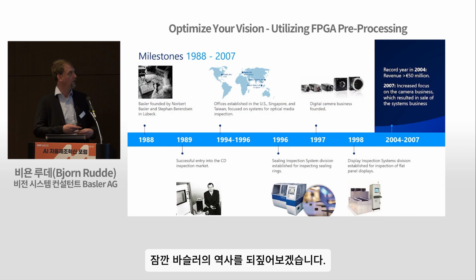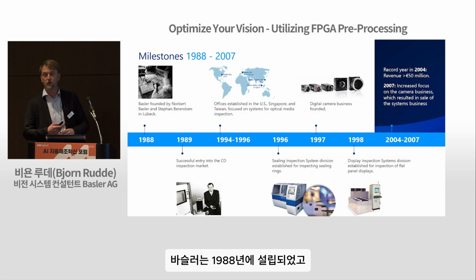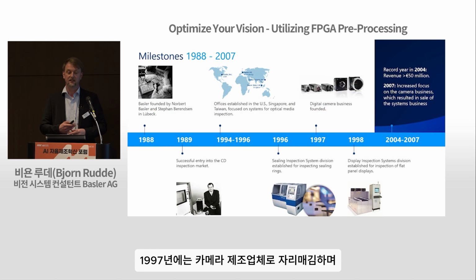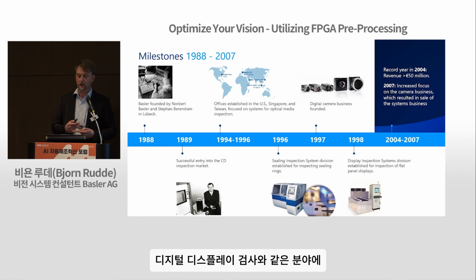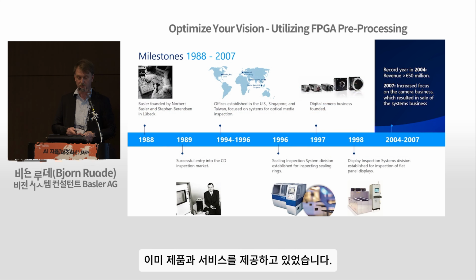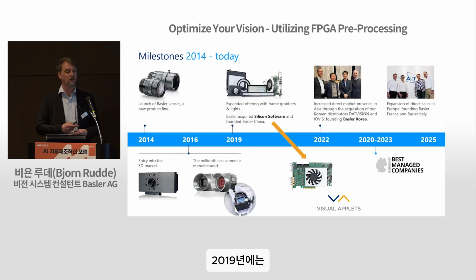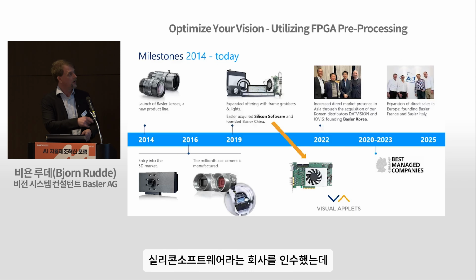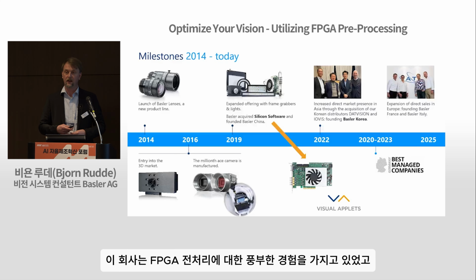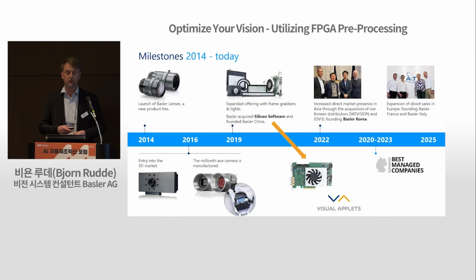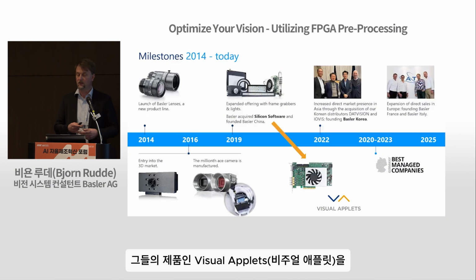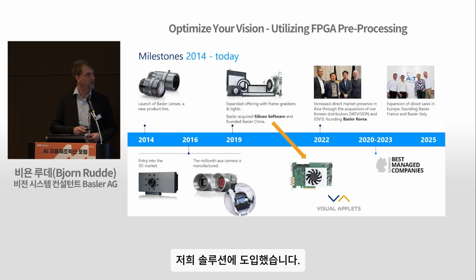So when we look far back in time, we see Basler was founded in 1988. And then in 1997, it became a camera manufacturer, while it was already serving the market like the digital display inspection. Then in 2019, one part was acquired, that was Silicon Software, already having a lot of experience in FPGA preprocessing and using Visual Applets as a product for this.